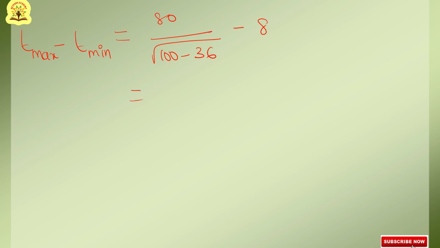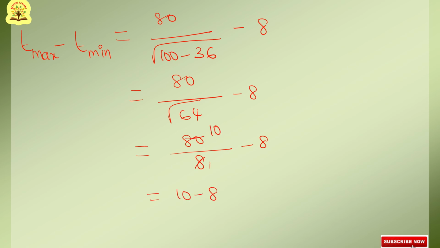Here 80 by root of 100 minus 36, root 64, minus 8. So that is equal to 80 by root 64, which is 8, minus 8. 8 tens are 80, so 10 minus 8 is equal to 2. Therefore T maximum minus T minimum is equal to 2 seconds.